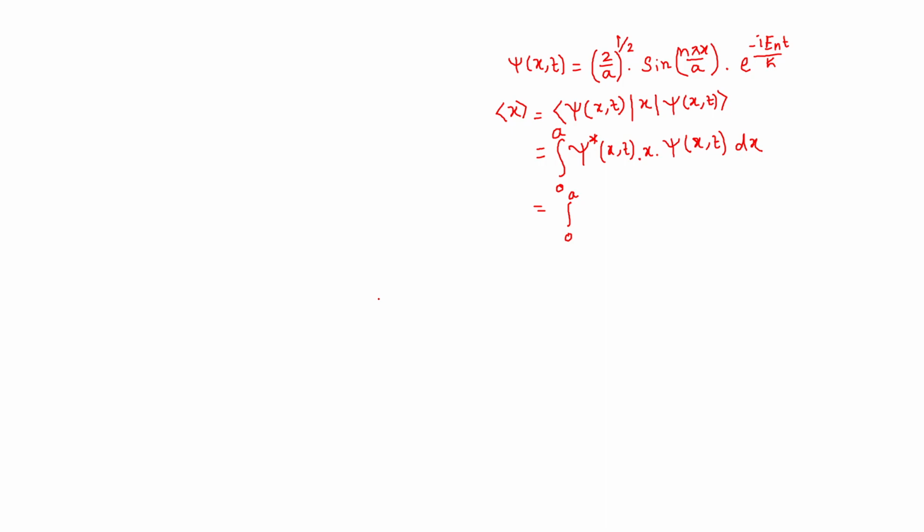Again half: putting the values of a and 0 in x square by 2, it will be a square by 2 minus 0 square by 2, that is 0. It's basic. Minus x times the integration of cos 2n pi x by a. What is the integration of cos?